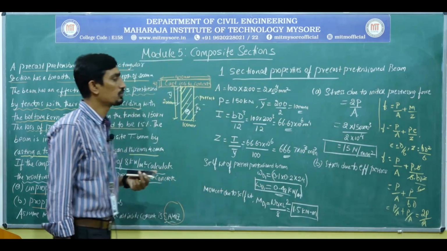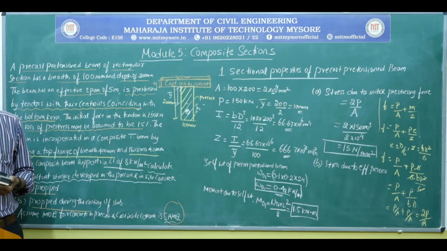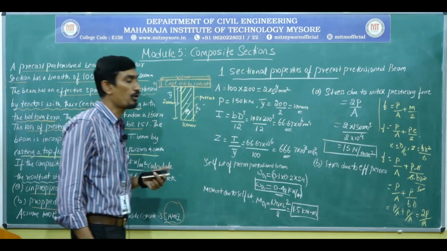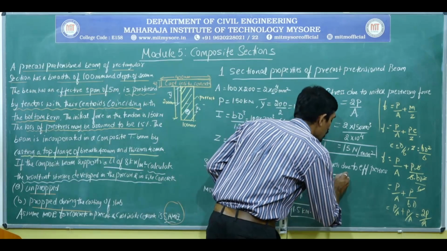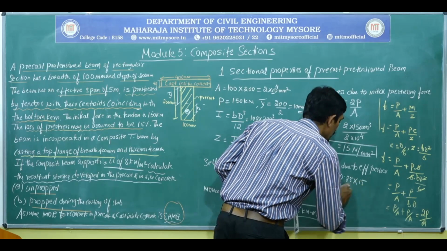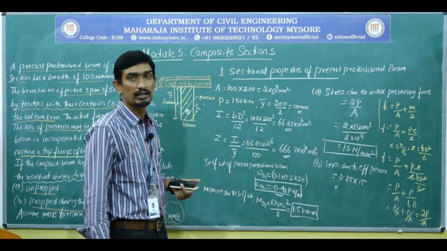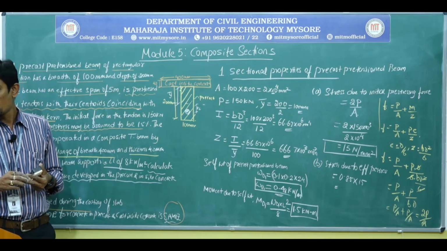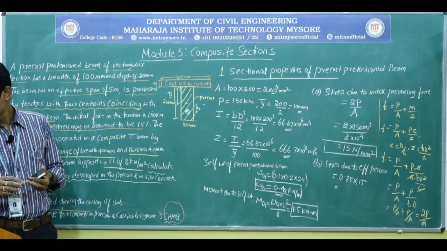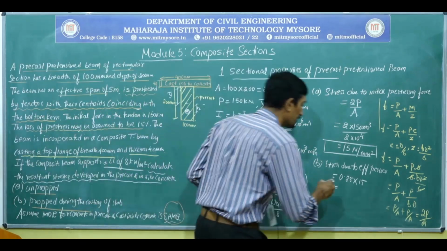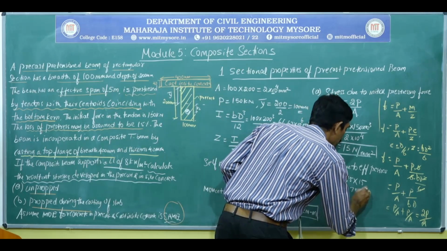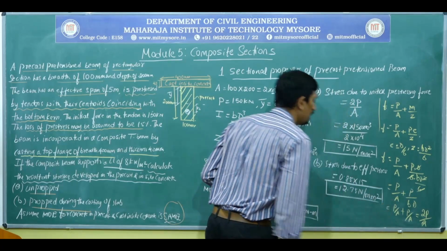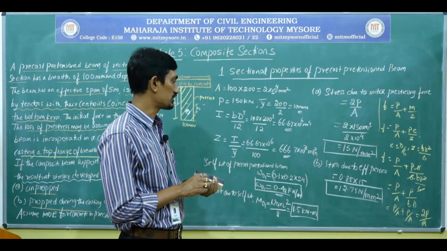They have given 15%, so what is left is 0.85. Therefore 0.85 into 15. We need to multiply that loss ratio into the initial pre-stress, that is 0.85 into 15. The answer works out to be 12.75 Newton per millimeter square. So this will be the stress due to the effective pre-stress.